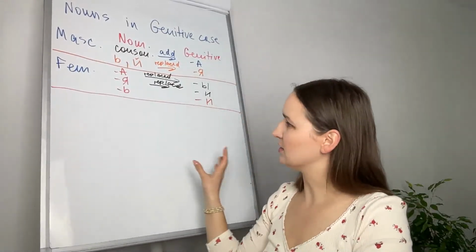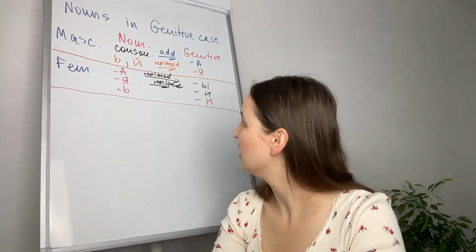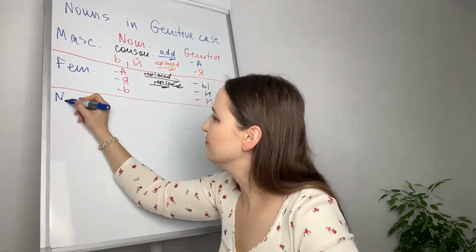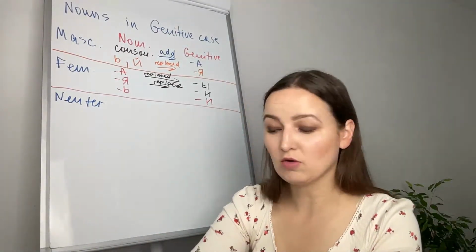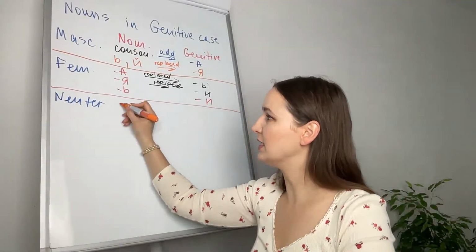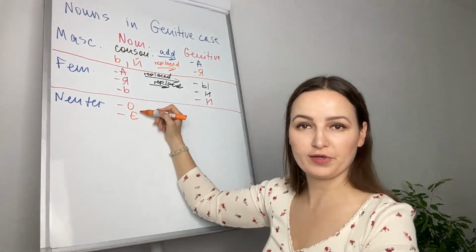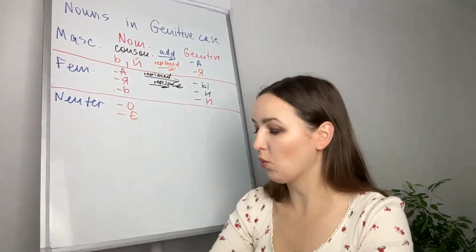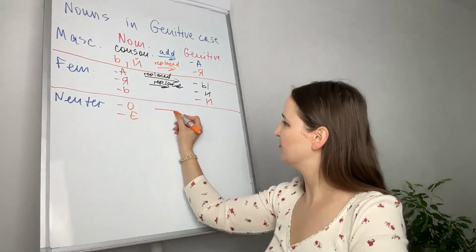Don't worry if you don't understand. I will show it all in context later. Дальше neuter nouns. Neuter nouns can end in o or ye. When a noun ends in o or ye, it's neuter, right? So what will happen in genitive case?